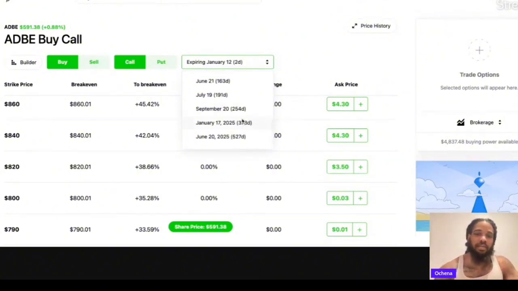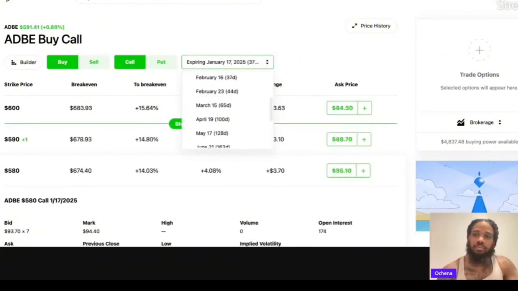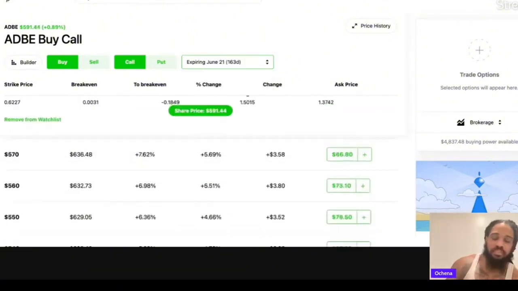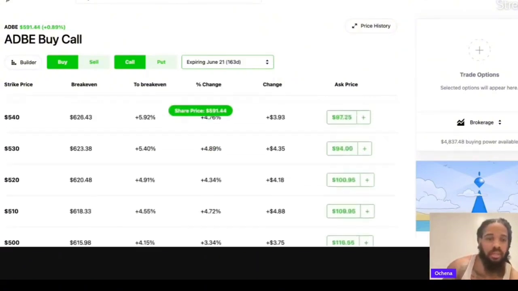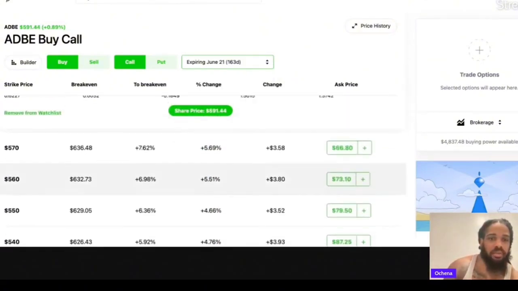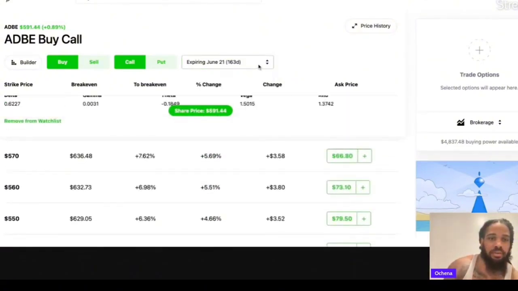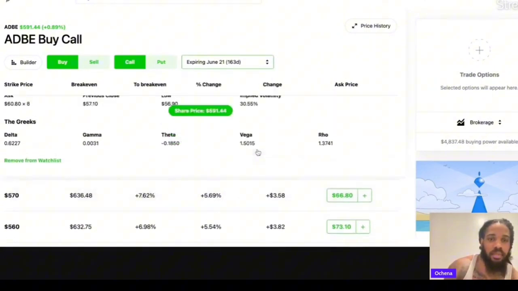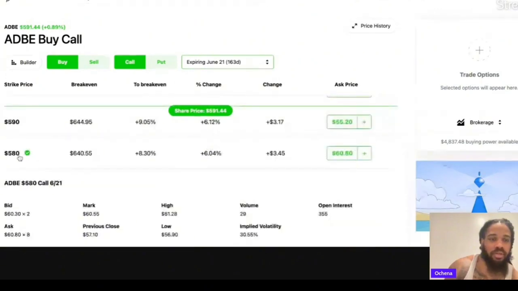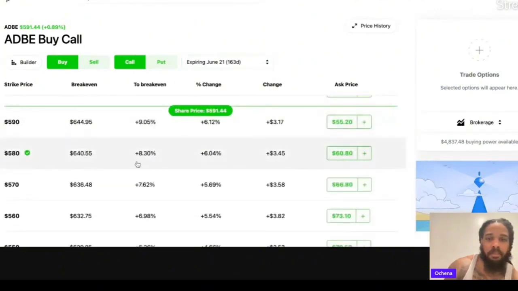I chose an option contract 6 months to about a year out, with an expiration date of about January 2024, and I chose the 580 option contract right here. At the time when I purchased this contract, the price was about 390.